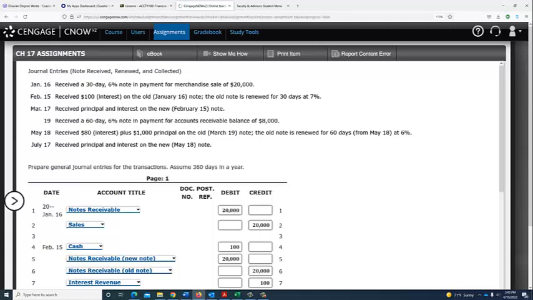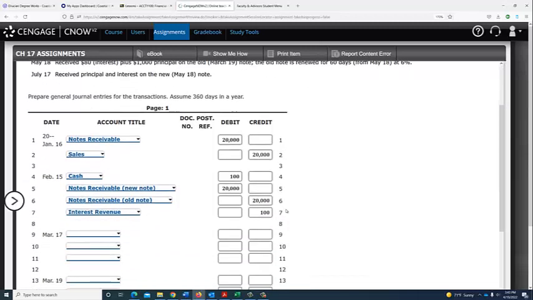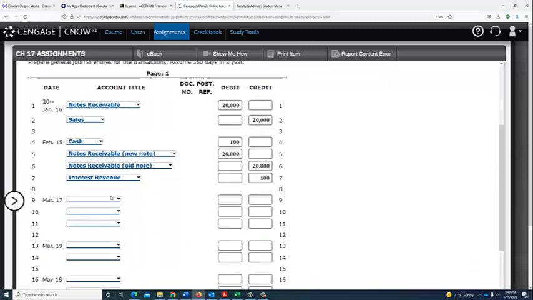So that's $20,000 times 7% times 30 divided by 360. So that interest comes up to $116.67. Remember to always round to dollars and cents on your notes. And make sure and round properly, because you know that CNOW is not very forgiving for rounding errors.